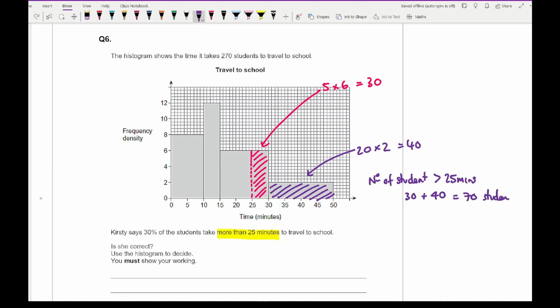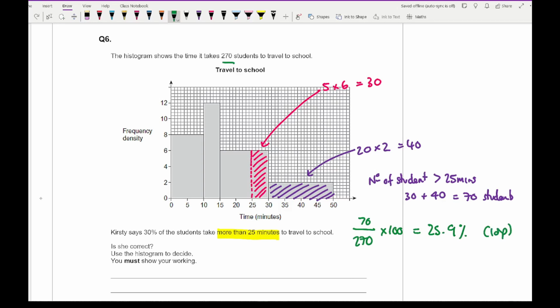Now I need to work out what percentage that is. So it's going to be 70 divided by 270, which is our total, and then I multiply that by 100. So if I type that into my calculator, 70 divided by 270 multiplied by 100, that gives me an answer of 25.9%, to 1 decimal place.